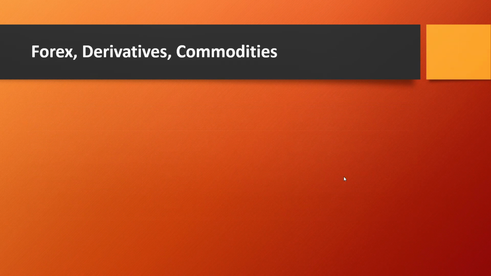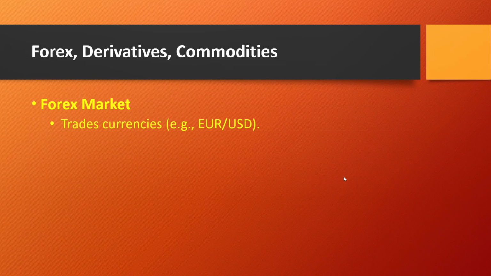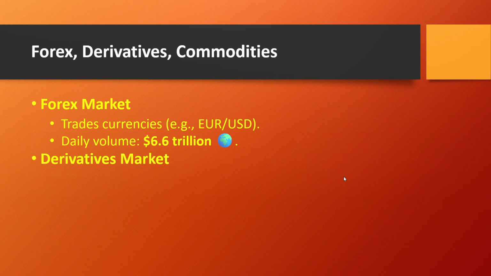Now, let's talk about some specialized markets. Forex market. This is where currencies are traded with a daily volume of $6.6 trillion. It is the largest market in the world. For example, if you are traveling to Europe and need euros, the forex market determines the exchange rate. Second, derivative market. Think futures, options, and swaps.